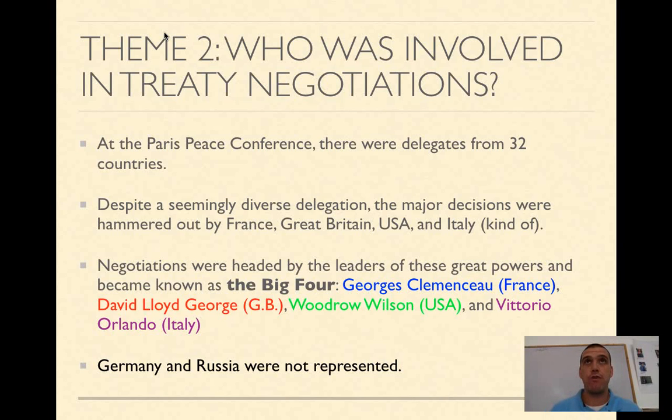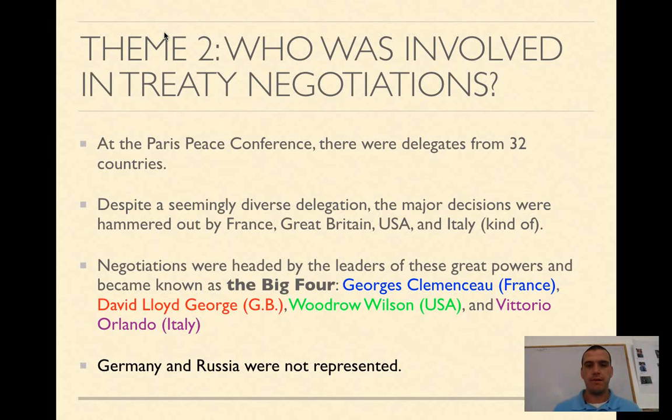And Russia was not represented simply because the Allies said, well, you pulled out of the war, and also the political situation inside of Russia was dire. You had revolutions going off left and right. By this time, the Bolshevik Revolution had taken full control of Russia, and I believe they declined to attend the negotiations.